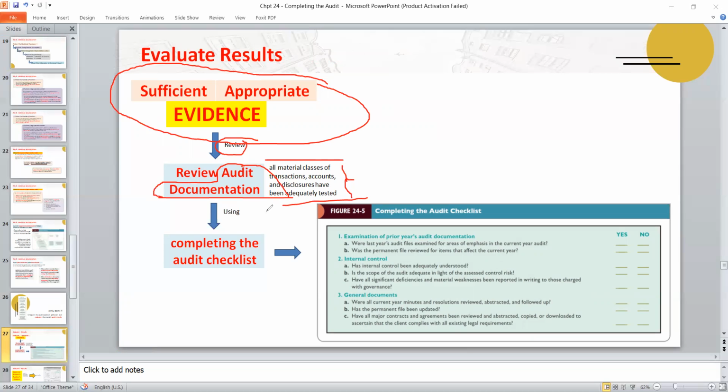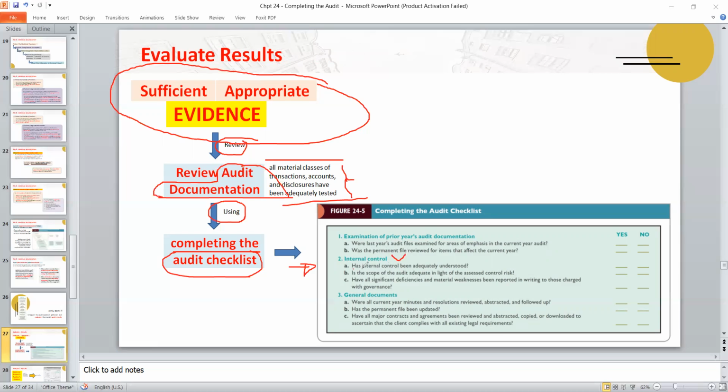How do we review the audit documentation? We use the audit checklist. We need to complete the audit checklist. So the audit checklist is a set of questions that you need to answer all of them. This is part of the example, like the internal control.